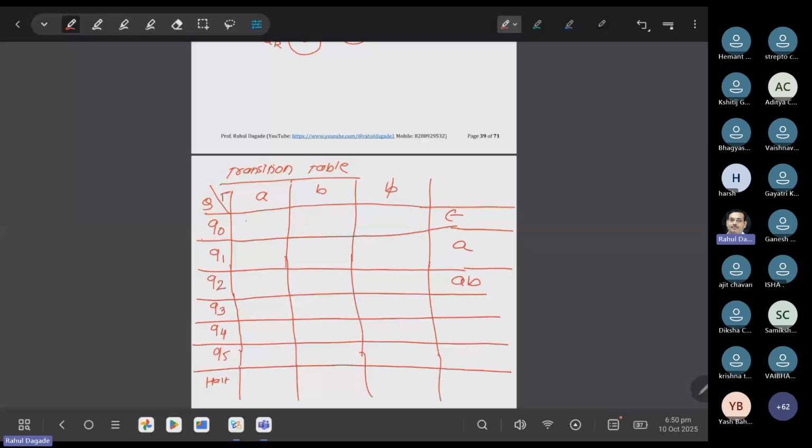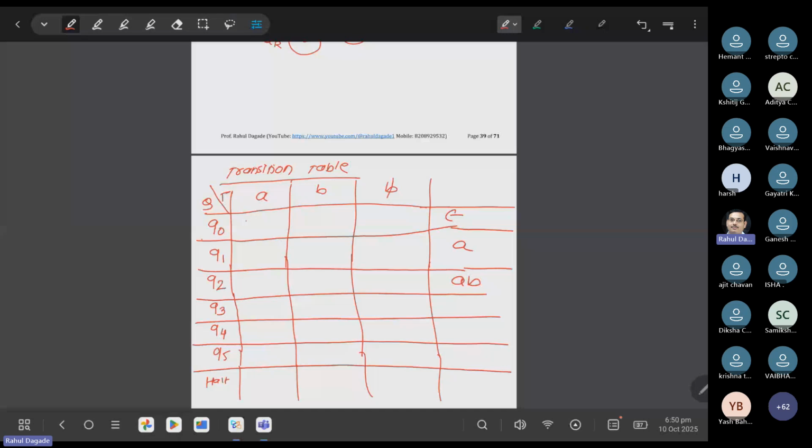And if I get B, then I'll come to Q2 state and go to the right. And if in Q1 state I got blank, then halt. And in Q2 state, if I get A, then I come to Q1 state, move to the right, which indicates I got A. And if I got B, then I'll come to Q3 state and come to the left.